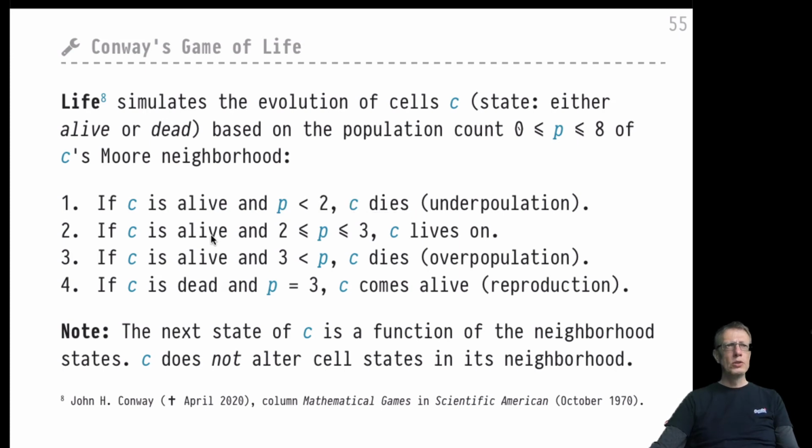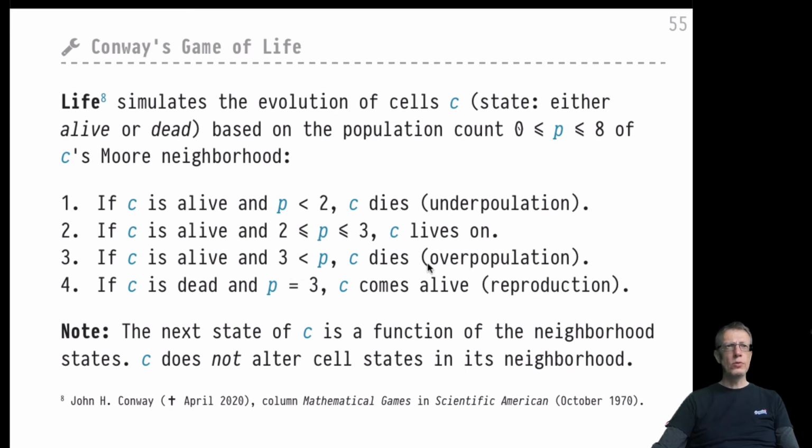Okay, so all of these rules read like this. If C is alive and the number of alive neighbors in our Moore neighborhood lies between 2 and 3, then everything is fine and our cell may live on. If C is alive and the neighborhood is just too busy, if there are more than 3 alive neighbors, then we would die from overpopulation.